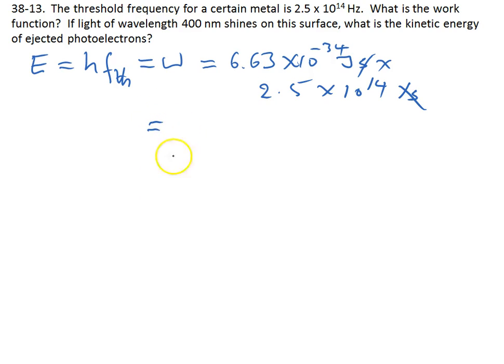So the work function is 1.66 times 10 to the minus 19 joules, which is of the order of an electron volt. So I'm fairly sure I haven't made a stupid mistake.